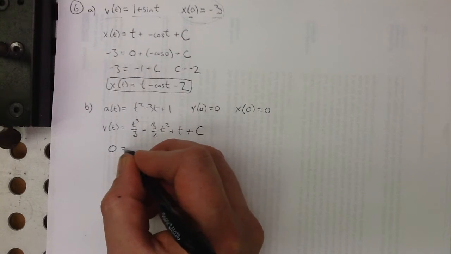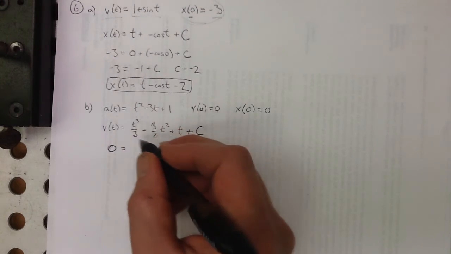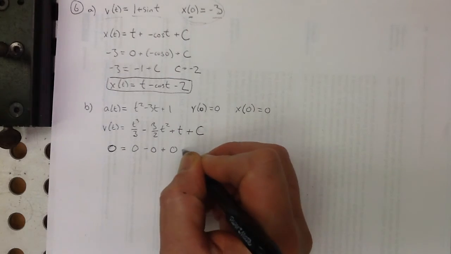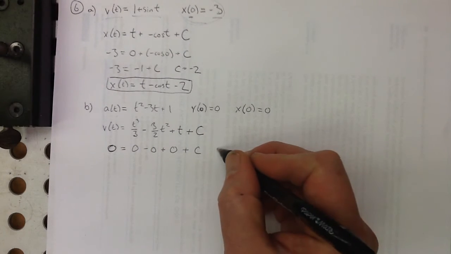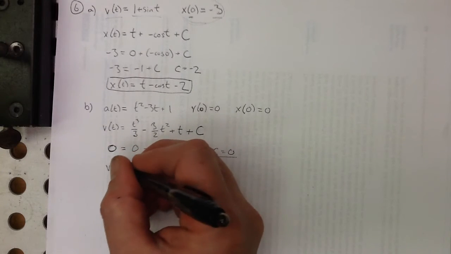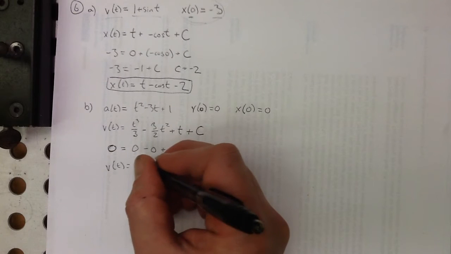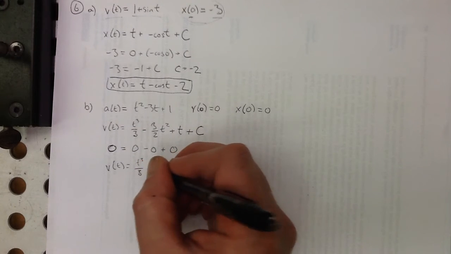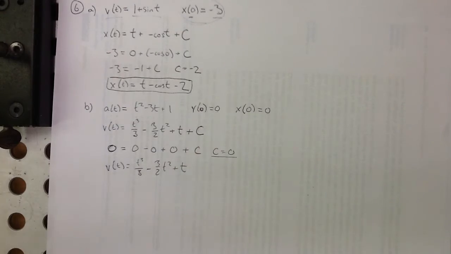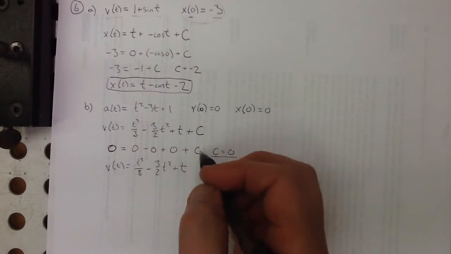I know that the velocity is 0 when t is 0, and so it looks like this is just a polynomial, so my c is just going to come out to be 0. So that means my velocity function is t cubed over 3 minus 3 halves t squared plus t. Right, the c came out to be 0.